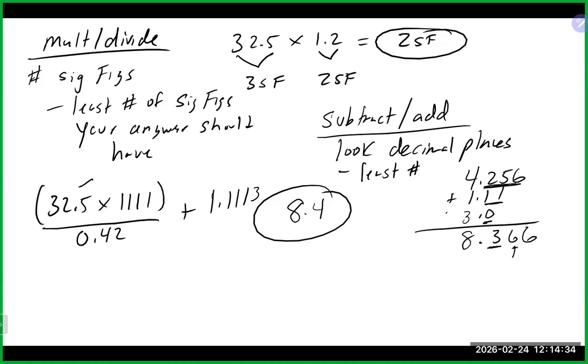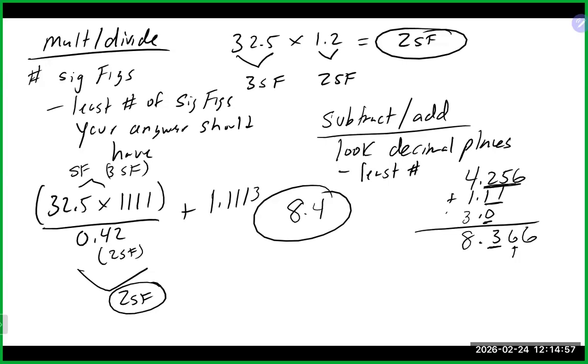Here we were multiplying, so we would look at sig figs, and based on what was in the parentheses, we would do that first. So that's going to be 3 sig figs on top. Next, we would take the top number divided by the bottom, so that's 3 sig figs divided by 2 sig figs. Technically, our answer would be 2 significant figures for everything on the left-hand side.